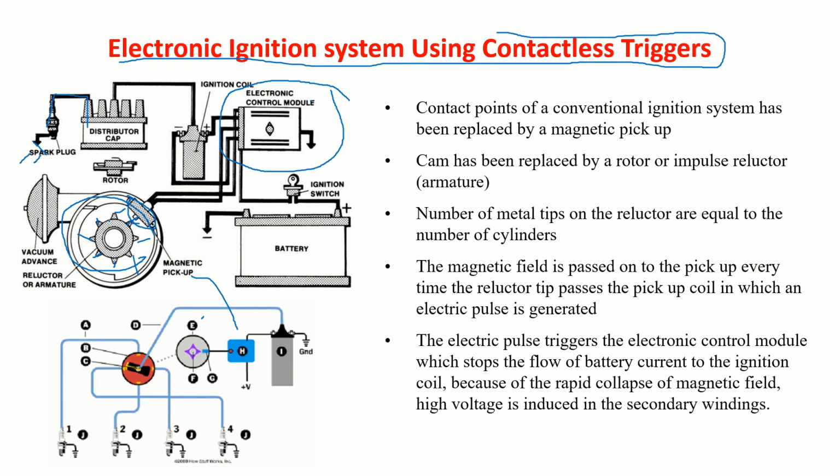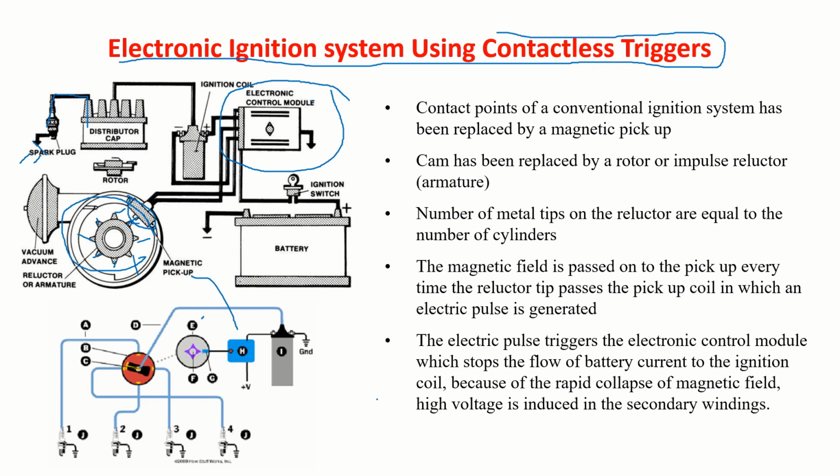So once this goes, now the ECU will decide the capacitor discharge and induction of voltage into the secondary coil and then passing on to the distributor, and the distributor, as its rotor rotates, will be transferring that voltage to a particular spark plug.